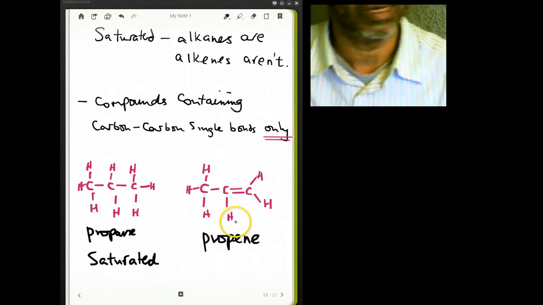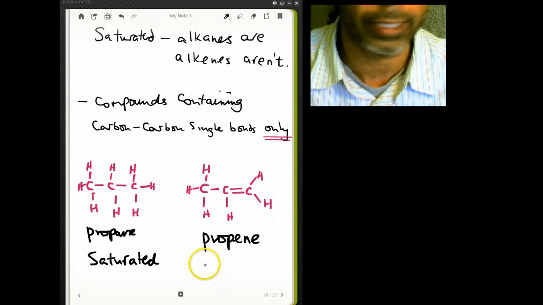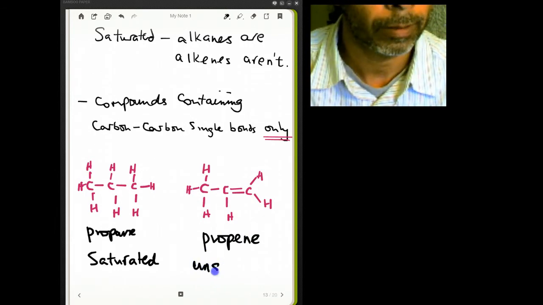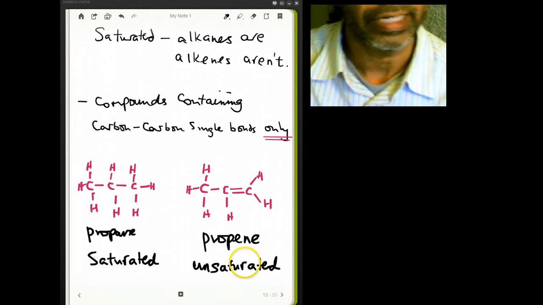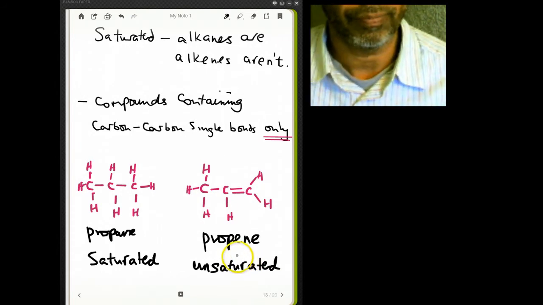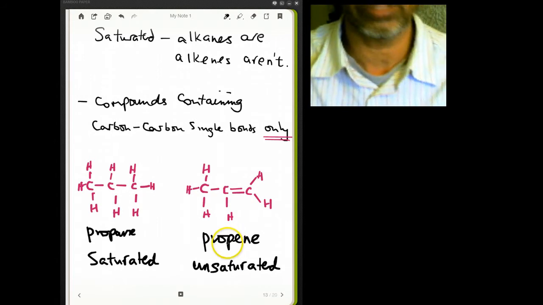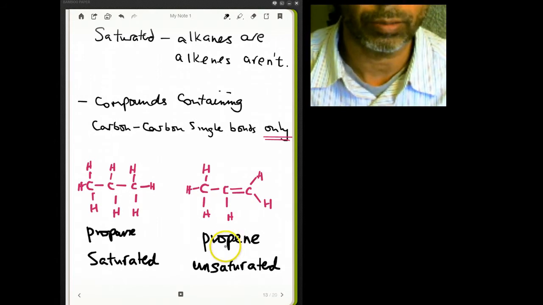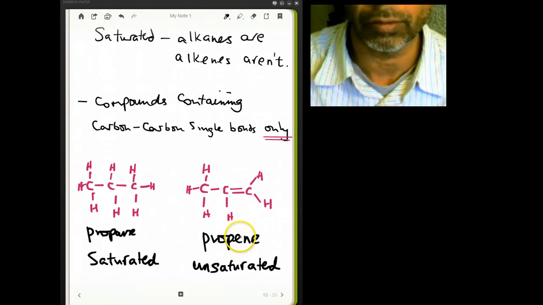Okay. You may also need to know the simple chemical test for an alkene. If it's a liquid, you add a little bit of the liquid to a test tube containing bromine water, and the bromine water gets decolorized.